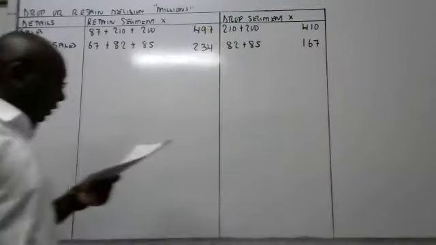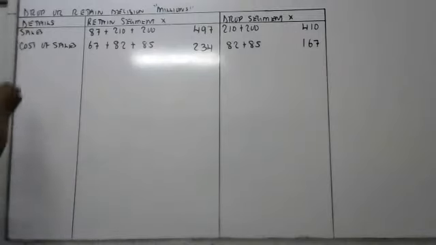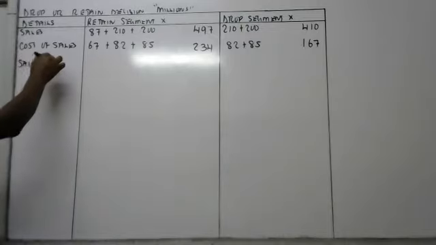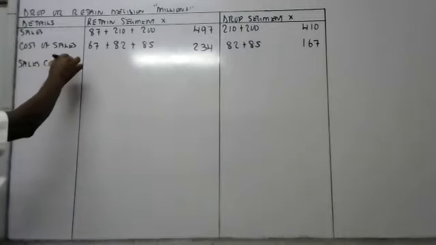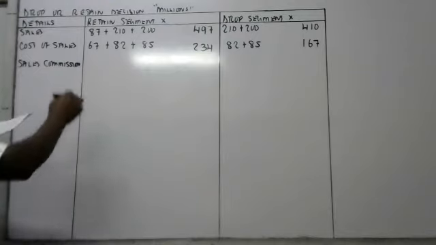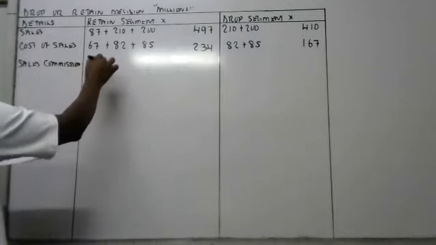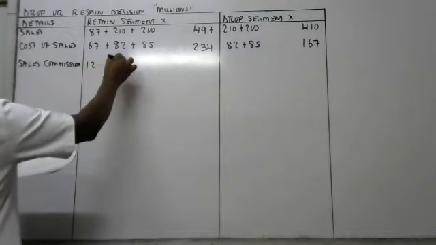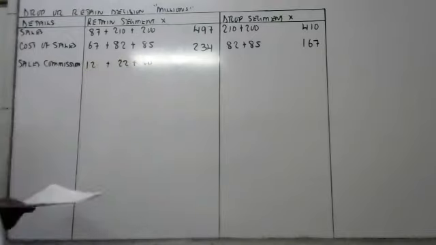167. Good. Then we have sales commission. Sales commission is 12 plus 22 plus 20.